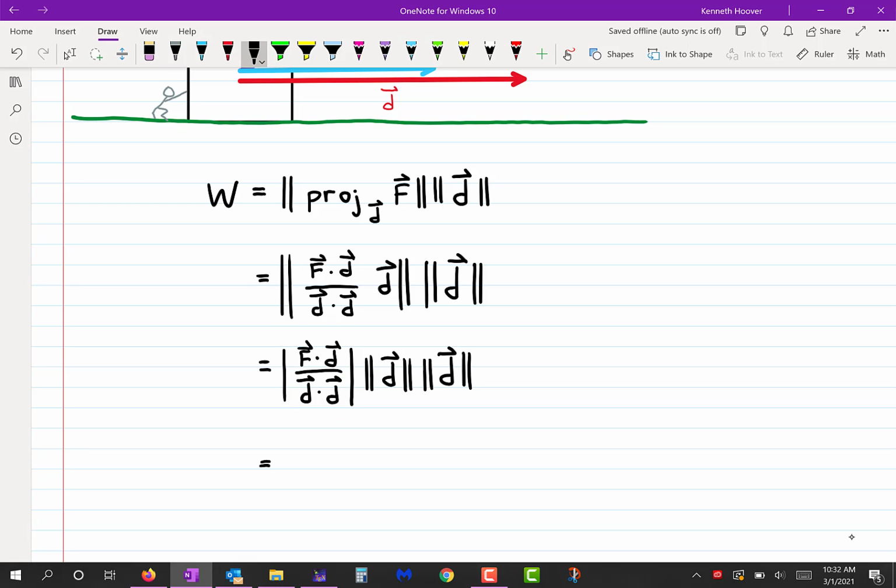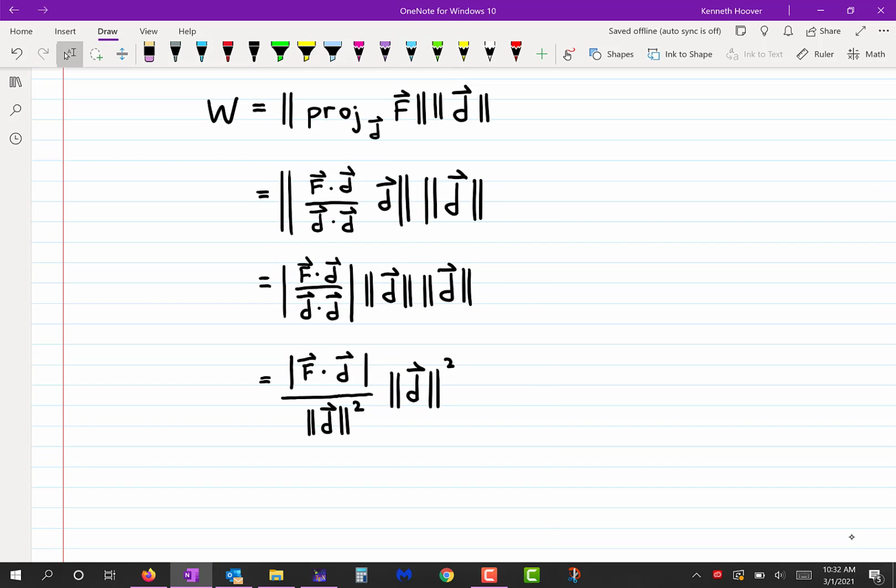Okay, so we've got the absolute value of F dot D, divided by the magnitude of D squared, times the magnitude of D squared. Obviously those cancel out, and we're left with the absolute value of F dot D. So let's look at that.